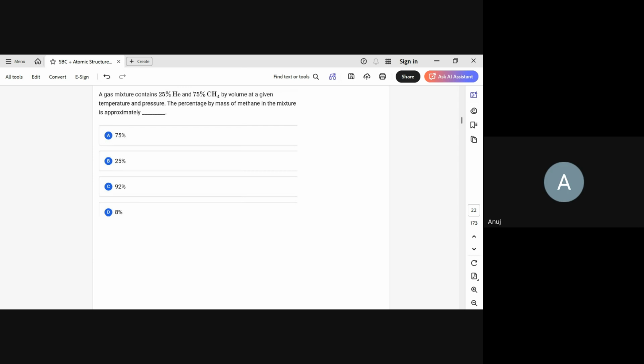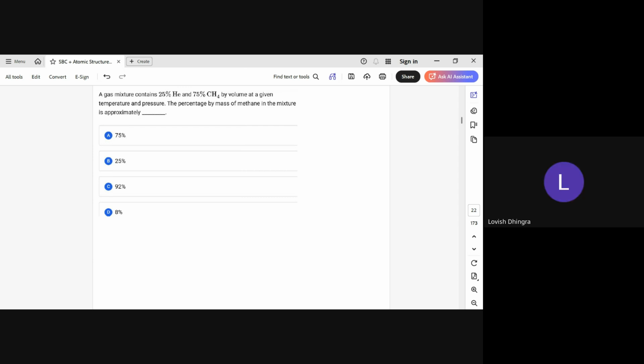Because you get 25% and 75% by volume, you can determine that it's 1 mole of helium versus 3 moles of methane. And then you just substitute and get it. 1 mole of helium with how many moles of methane? 3 moles.